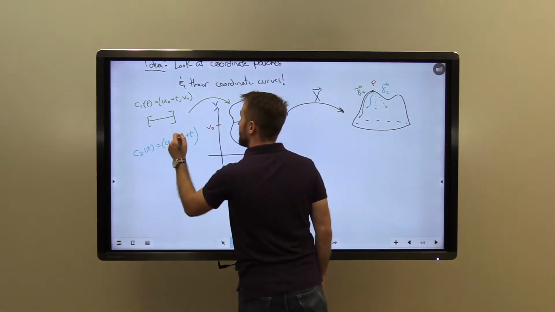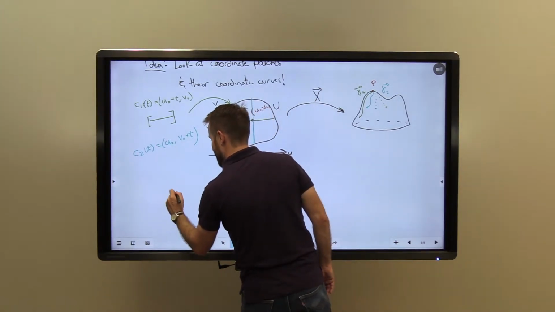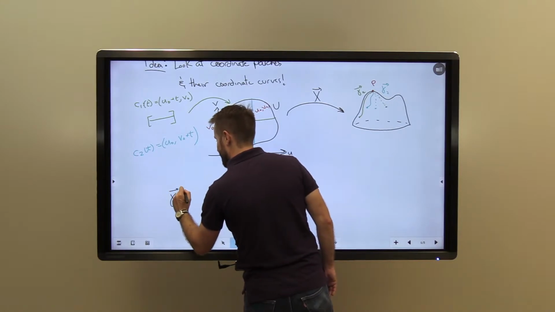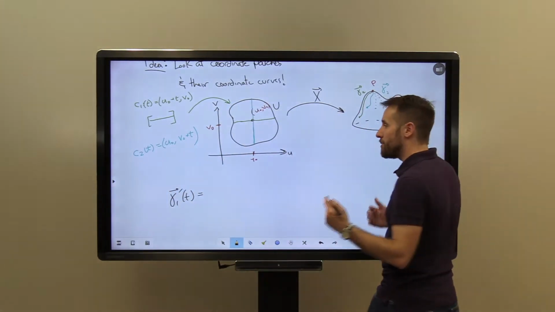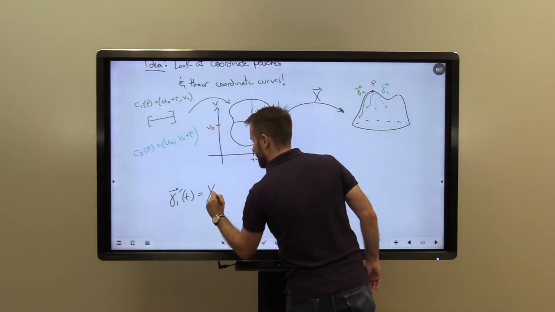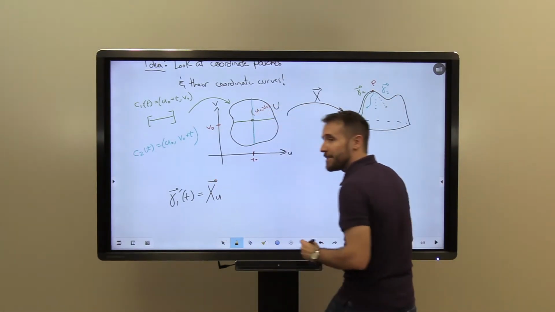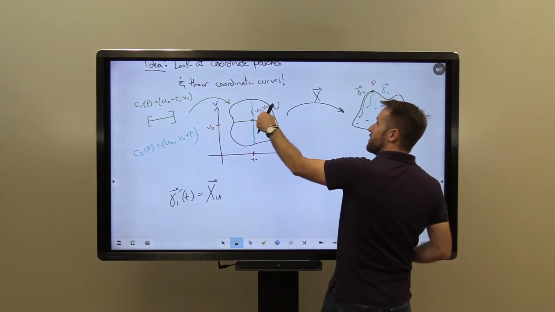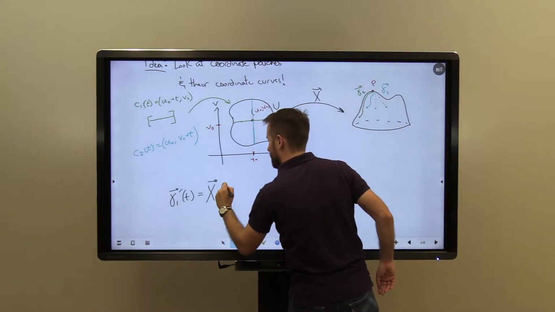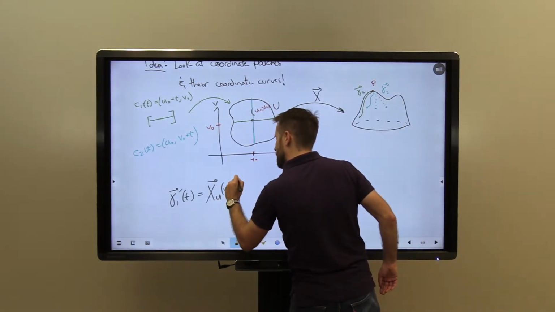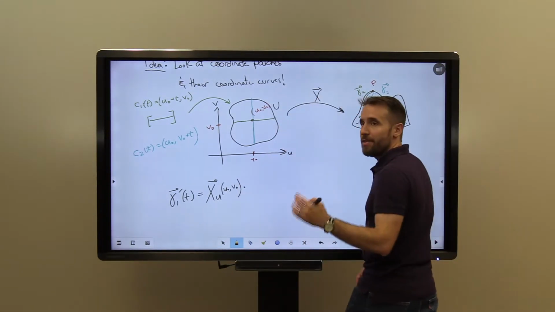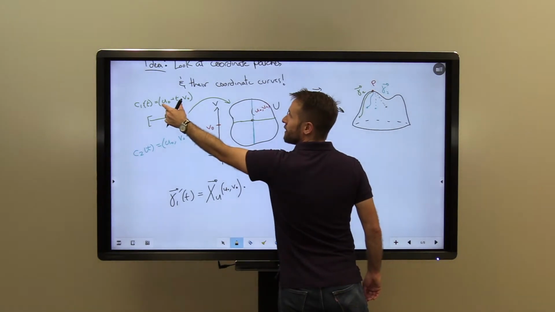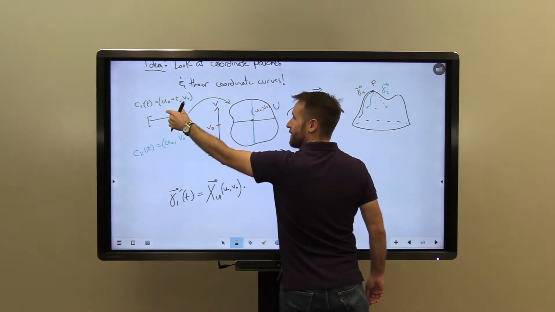We're going to calculate that gamma 1 prime of t will be equal to, well, we said it would be x sub u, and I should specify, this is x sub u at the point u naught v naught, times the first coordinate derivative.